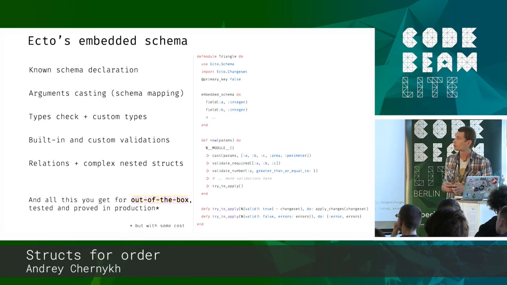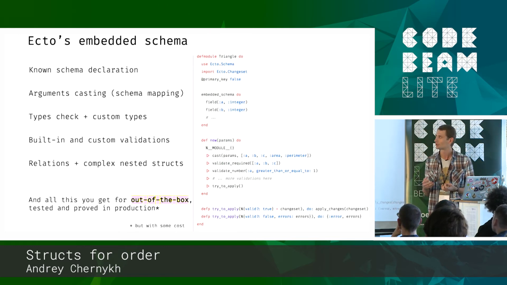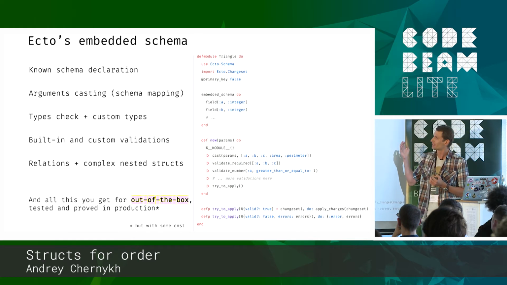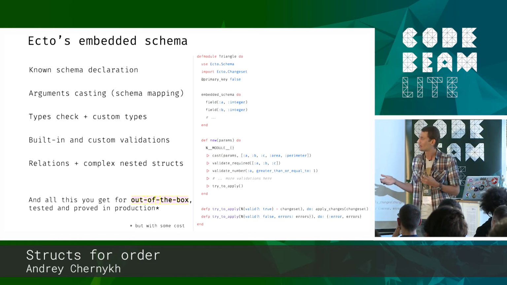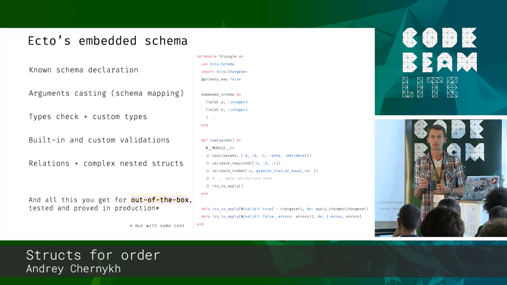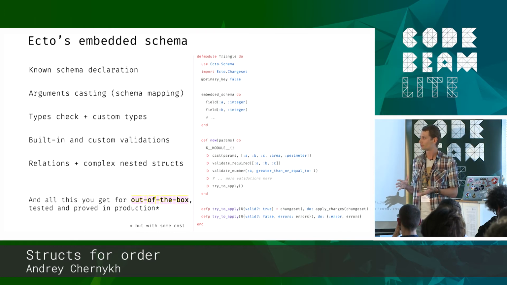Bonuses of this approach are, well, almost everyone knows how to work with Ecto. So schema declaration is well known. You get arguments casting, type checks, custom types, a bunch of built-in validations, and the ability to implement your own validations for free.